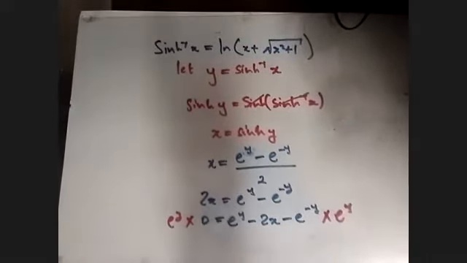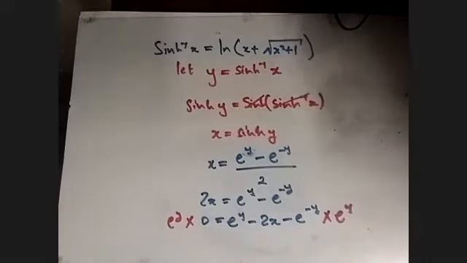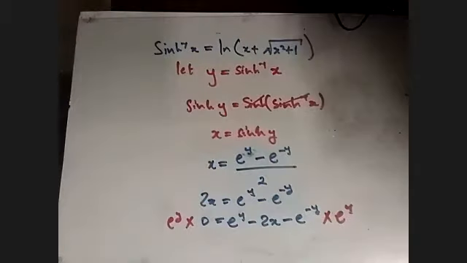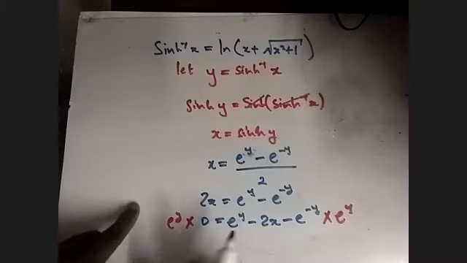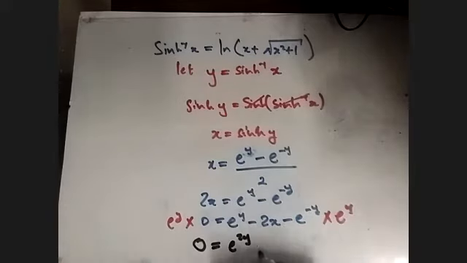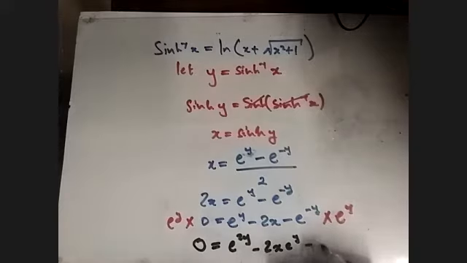Since this is just 0, we leave it as 0. This times that gives e to the 2y minus 2x e to the y minus e to the negative y times e to the y, which gives e to the 0, which is just 1.